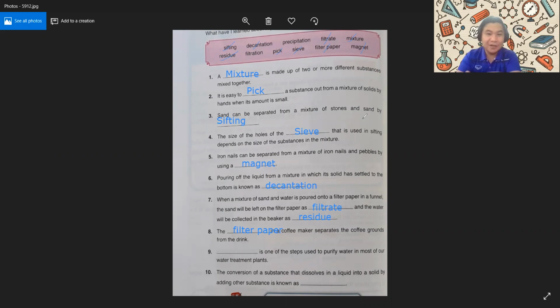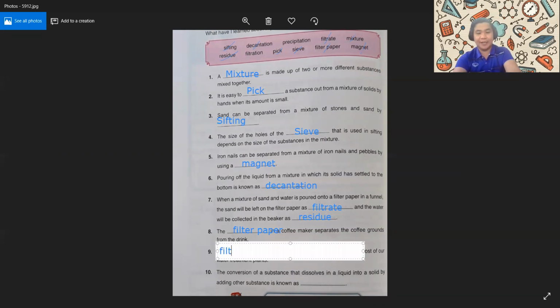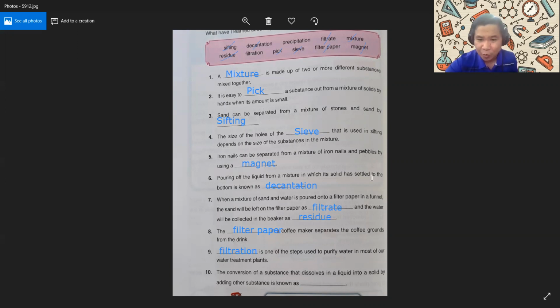It is filtration. Okay, it is filtration. Water treatment plants filter the water so it can be very clean. Finally, the only thing that's left once I cross out filtration is precipitation.